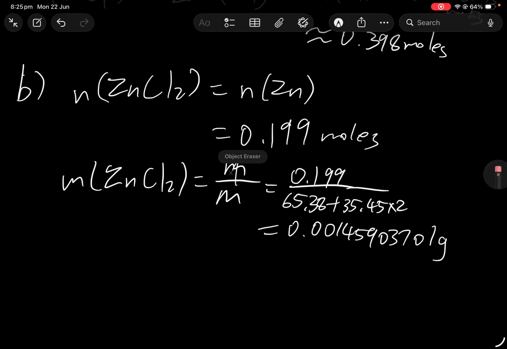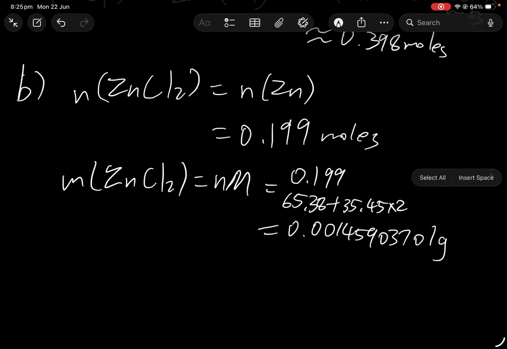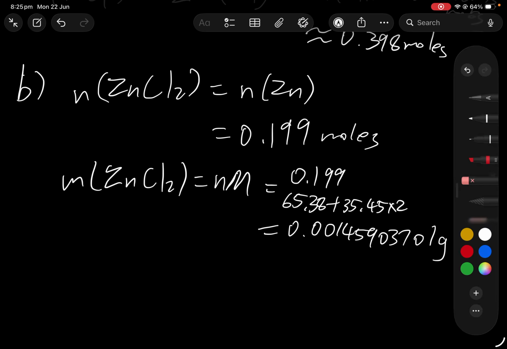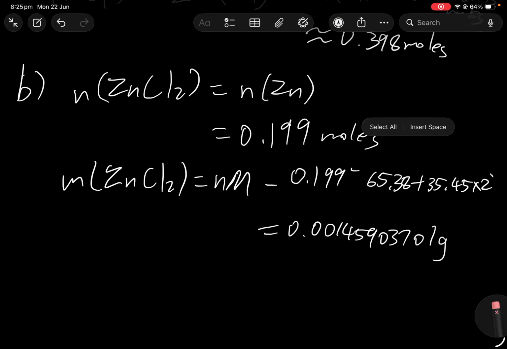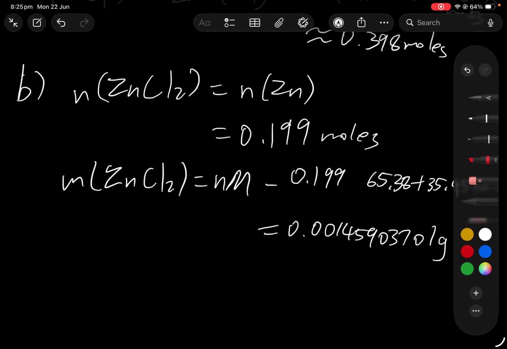So the equation is not this. It should be number of moles times the molar mass, so these two should be multiplied together.